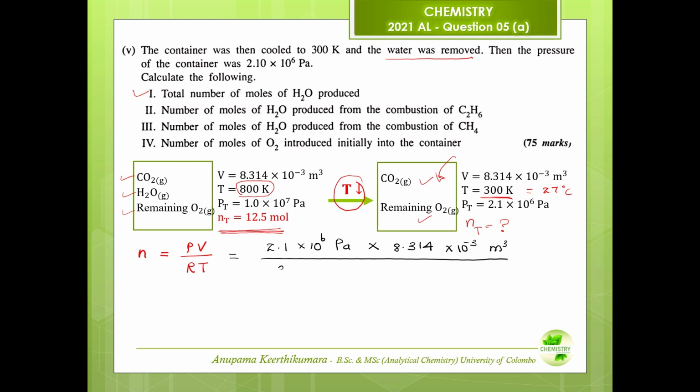Value of R, 8.314 joules per Kelvin per mole, and temperature was 300 Kelvin. You will get the answer as 7 moles.